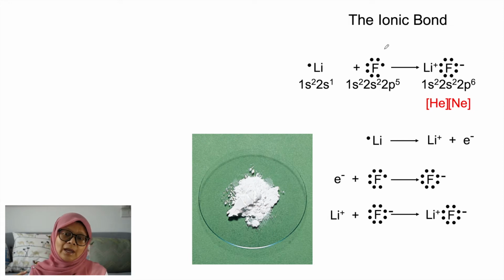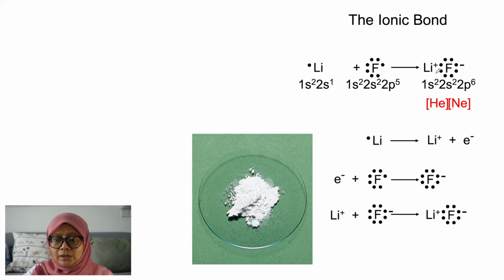Because we have an ionic compound, we need a transfer of electrons. So what happens here is that lithium will donate 1 electron to the fluorine, and this electron will be accepted by the fluorine.